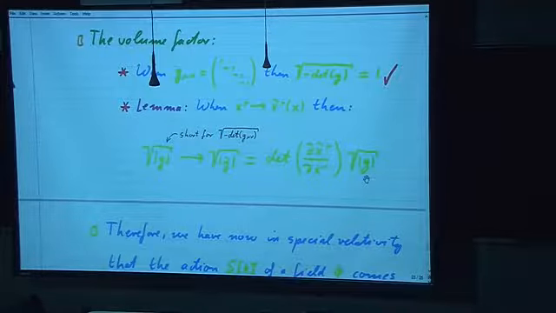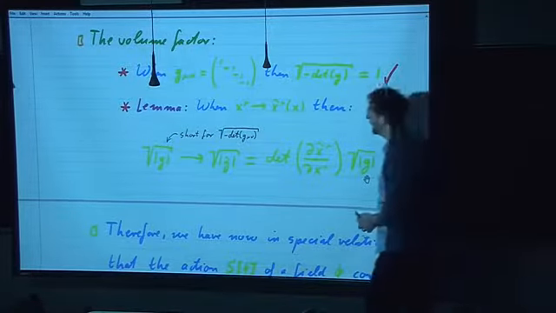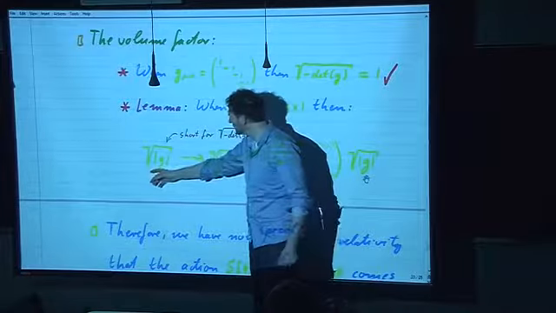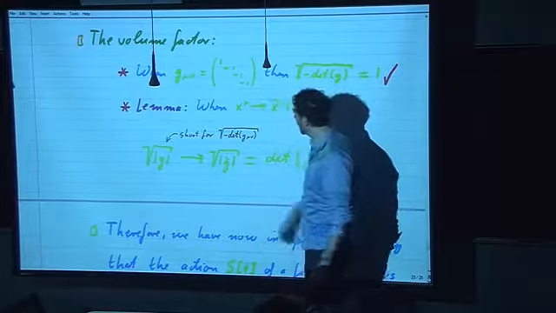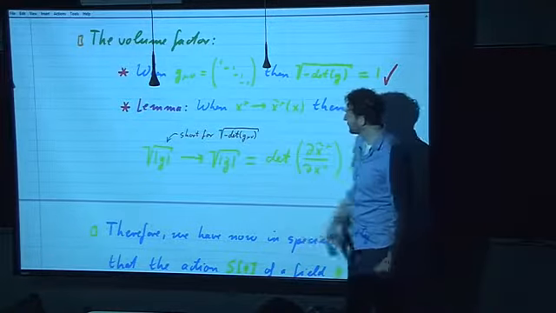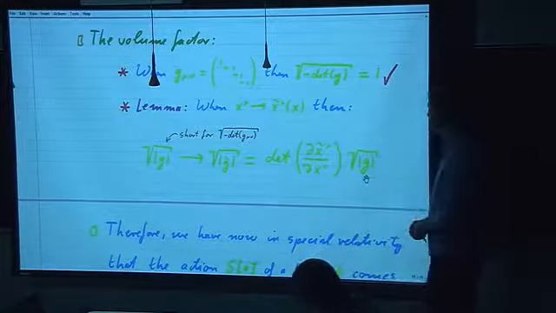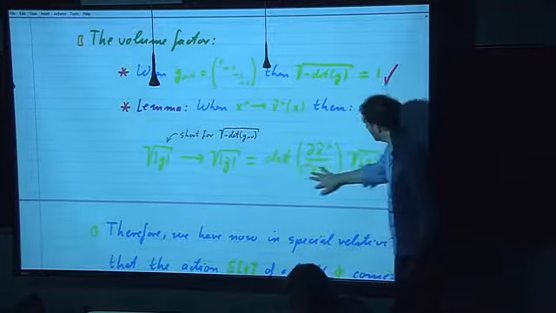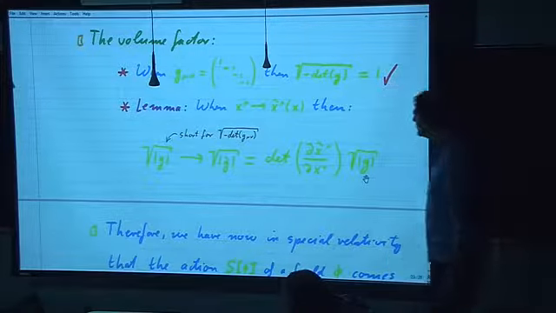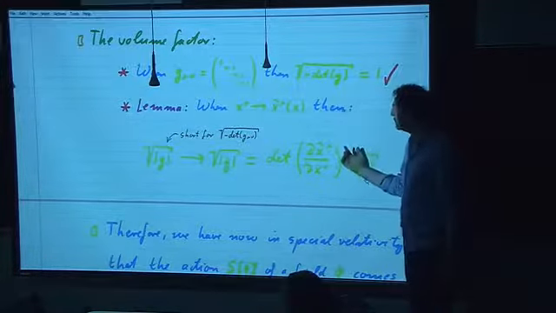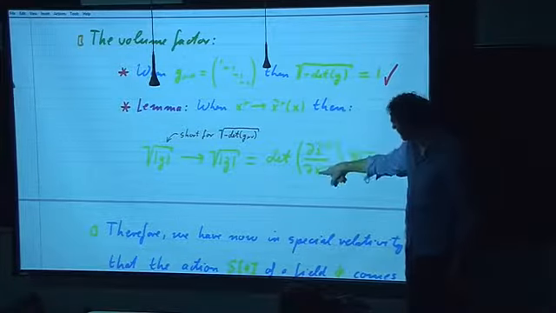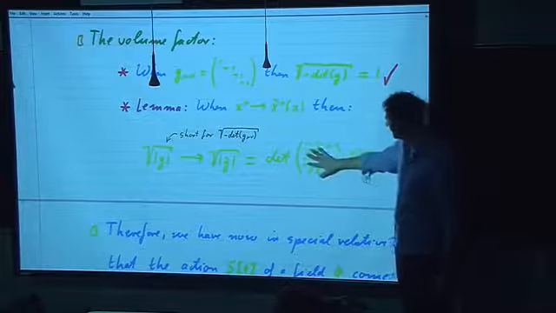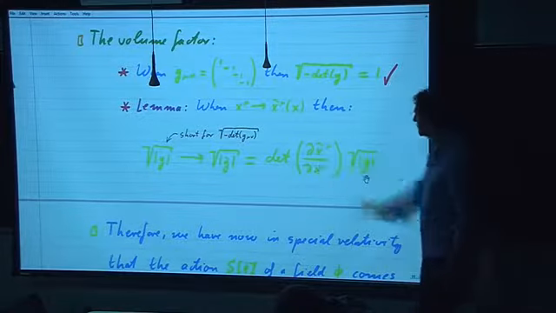But one can prove, it's a longer calculation, that when we change coordinate system, then the square root of the absolute value of the determinant of g goes into the square root of the absolute value of the determinant of g tilde times this determinant, which is just the inverse of the measure factor. The measure factor had a dx by dx tilde matrix, and this is the determinant of dx tilde by dx.